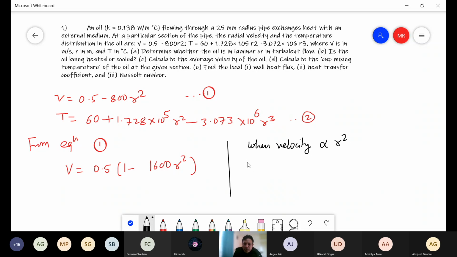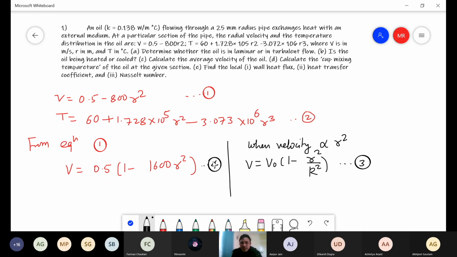In a laminar flow, the typical expression is V naught times 1 minus R by capital R, whole square, isn't it? This is the equation you get in a laminar flow. So if you compare this equation number 3 with this new equation number, let's say 4, these are nearly the same, isn't it?